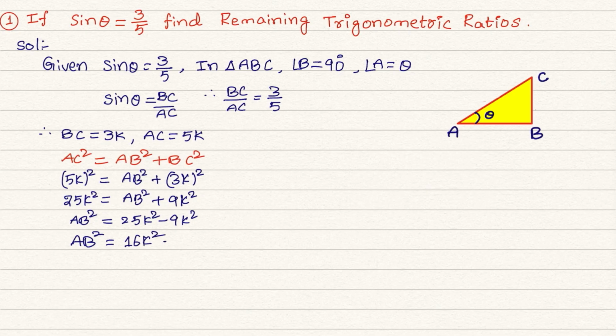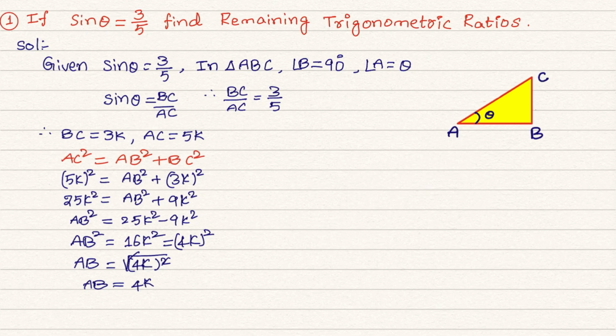The 16K square we can also write as 4K whole square. So finally what we get, AB is equal to root of 4K whole square. So the square root will cancel. So AB is equal to 4K. This is the value of AB.